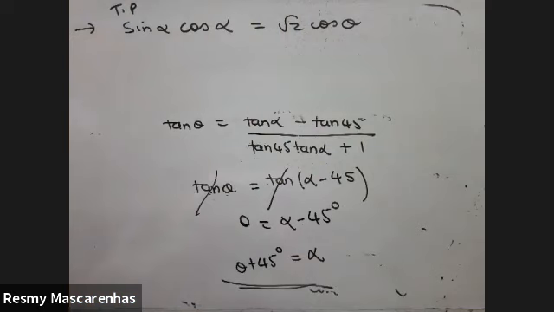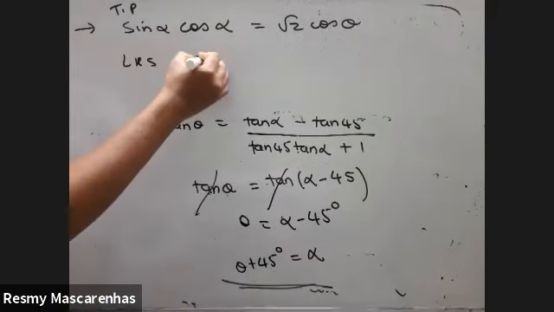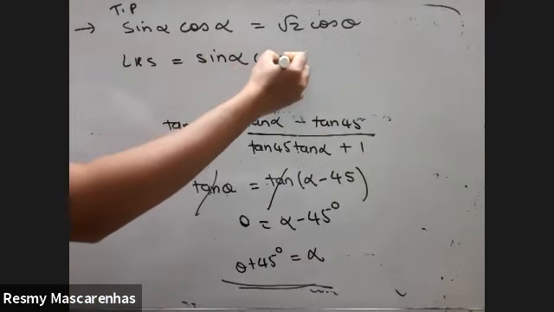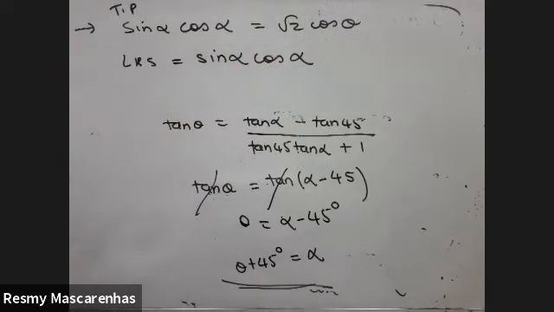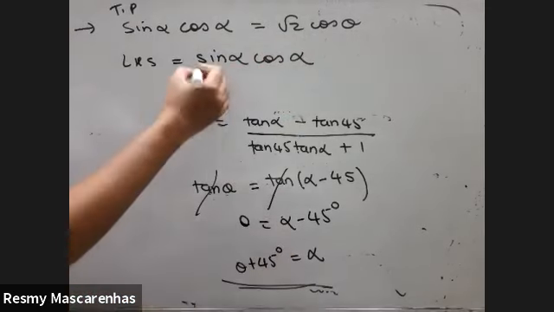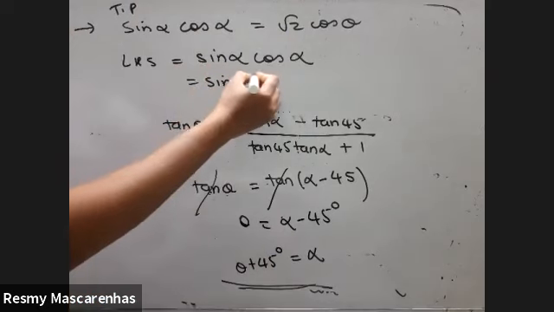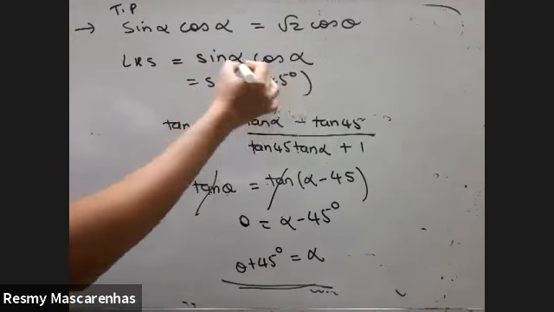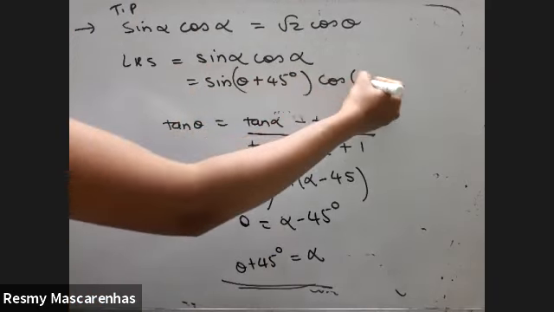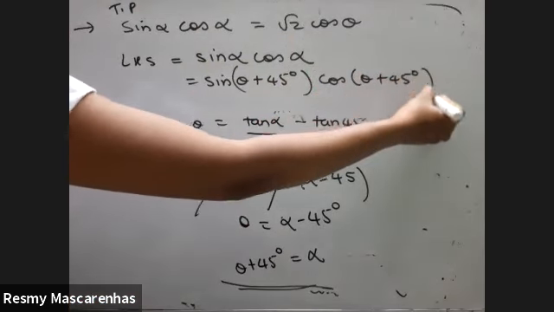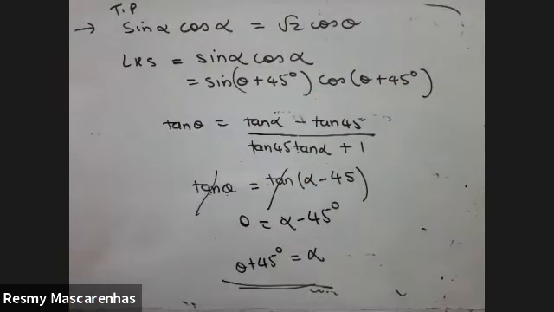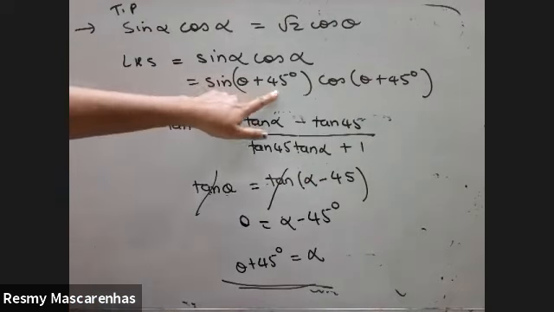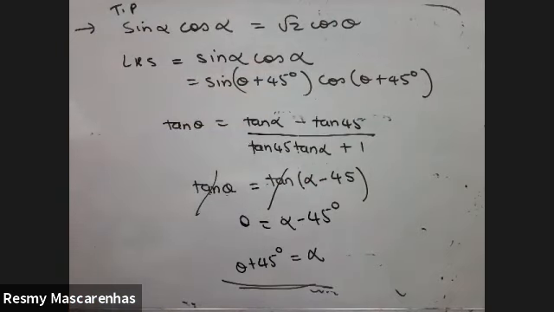Okay, so we'll take the left hand side. What is alpha value? Instead of 45, they sometimes can take in terms of radians also. Radians means pi by 4. It means the same. You can take it as 45 also, no problem.